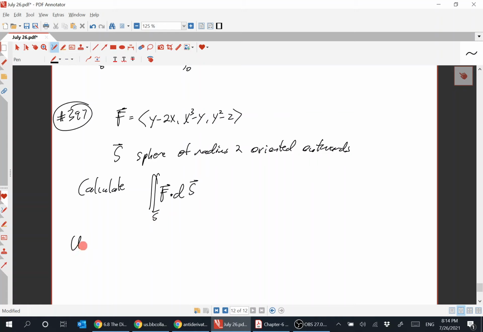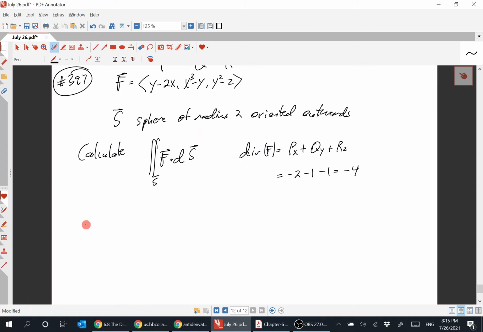Okay, so using the divergence theorem, let's calculate that divergence first. This is P, Q, and R. The divergence of F is the partial derivative of P with respect to x, plus the partial derivative of Q with respect to y, plus the partial derivative of R with respect to z. So in this case, we have minus 2, Q minus 1, R minus 1 again, so minus 4.